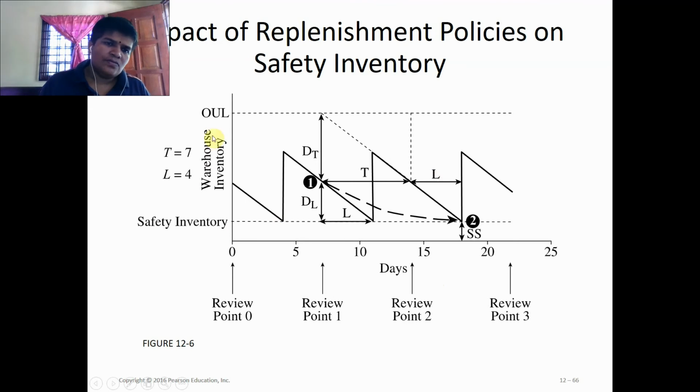Okay, this is warehouse inventory graph. The Y axis, the X axis. Okay, so this is the review point, the days. T is 7, L is 4. So what is this graph actually showing you?